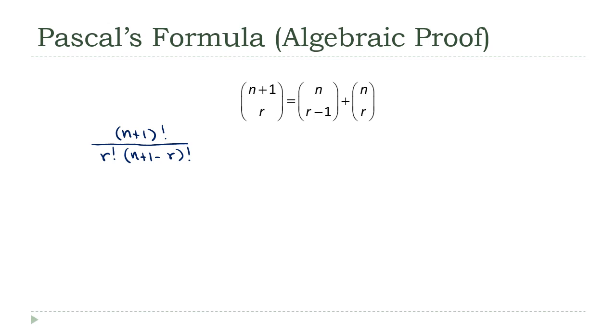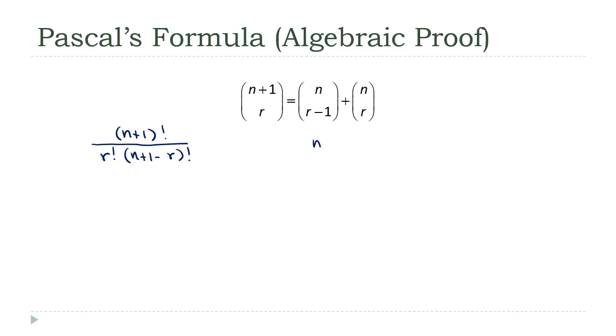Now I'm going to go over to the right side. I'm going to do some algebraic manipulations and show that the right side is equal to this formula that I got from the left side. So I'm going to use the formula again.